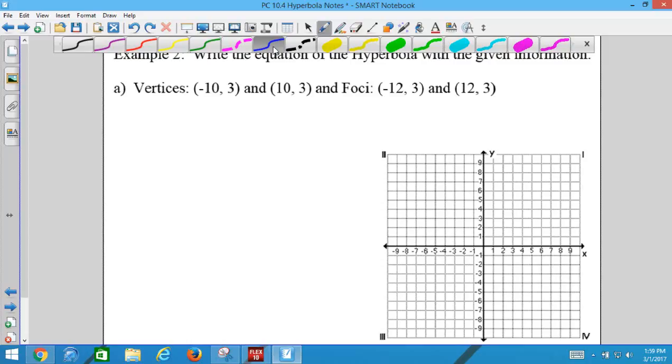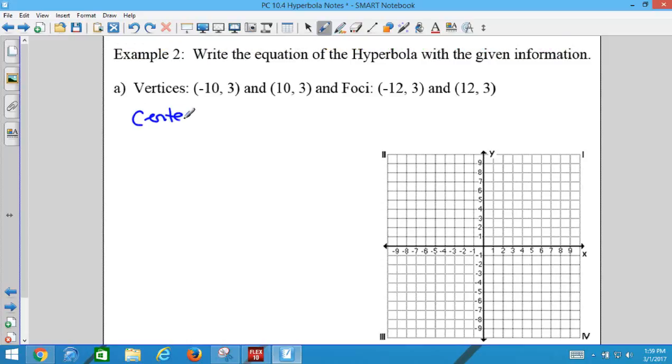You can just look at these points and say, what's the middle of negative 10, 3 and positive 10, 3? 0, 3. So the point would be 0, 3, right? So I found my center, and my A value is how far away the vertices are from the center.